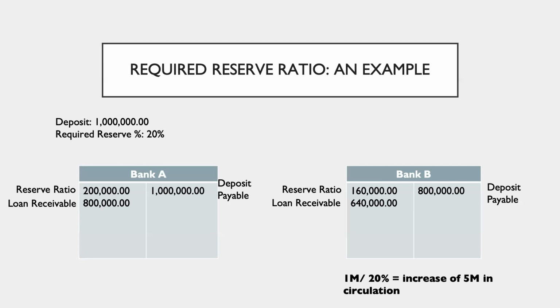So what does that mean? Out of the 1 million that I deposit, they are required to keep 200,000 and use the 800,000 in other ways. They could engage in a loan activity, using my money and lending it to someone else at an interest rate, or they invest it in something else.